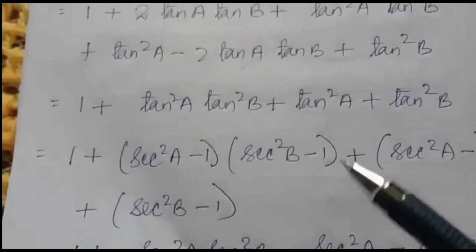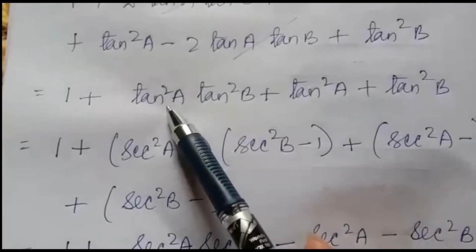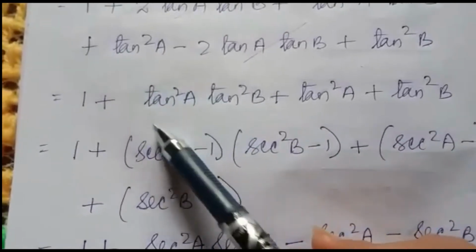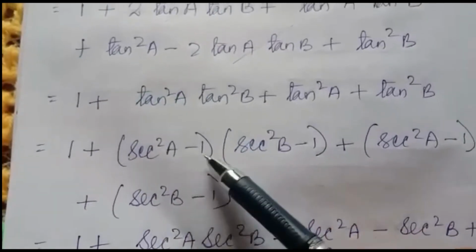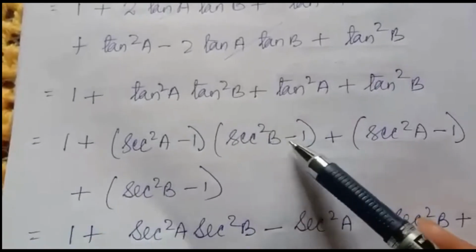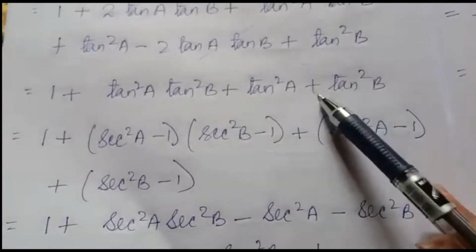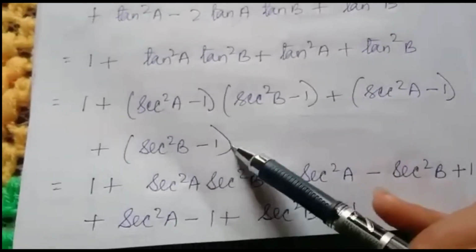So we have to convert this tan into sec, and we know tan square theta is sec square theta minus 1. So in place of tan square A, we will write sec square A minus 1. Here sec square B minus 1 plus here sec square A minus 1 plus sec square B minus 1.